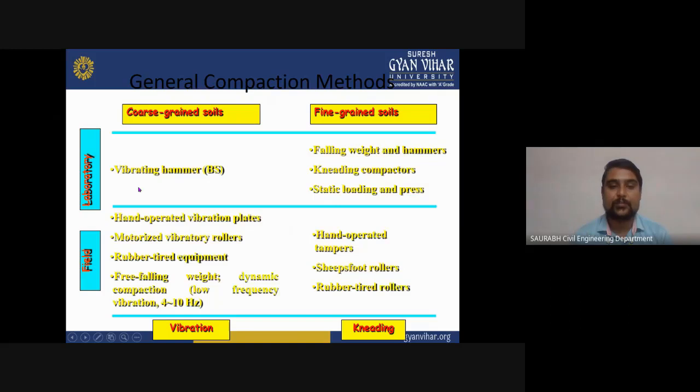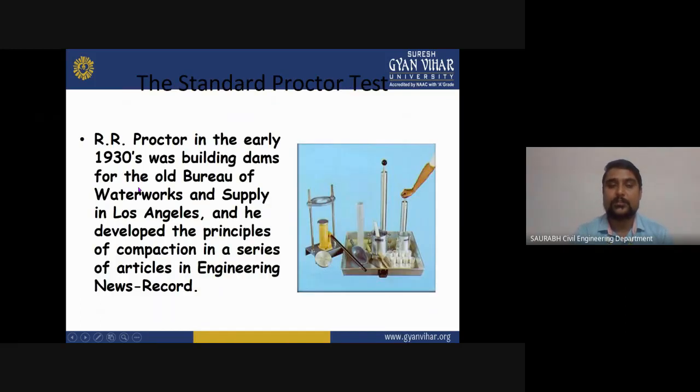In the field, we use hand-operated vibrator plates, motorized vibrator rollers, rubber tire equipment, free-falling weight, compaction vibration, and dynamic frequency, and we can also use a hand-operated tamper. A sheepsfoot roller is also used in the compaction of soil. The rubber tire roller is also used for soil compaction.